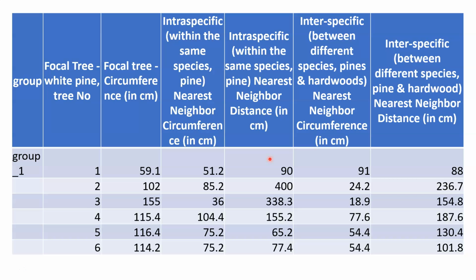That is the distance between the two pines. And then you get the interspecific nearest neighbor circumference. That is the circumference of the nearest hardwood neighbor. Then you get the interspecific nearest neighbor distance. That is the distance between the pine and the hardwood.